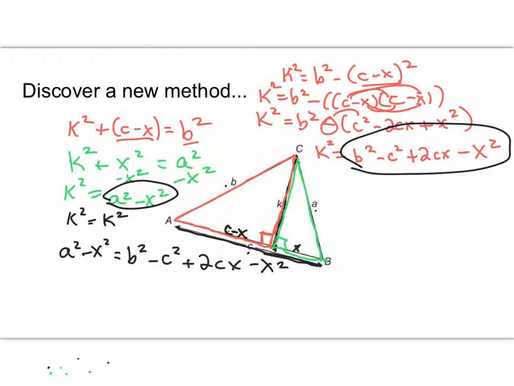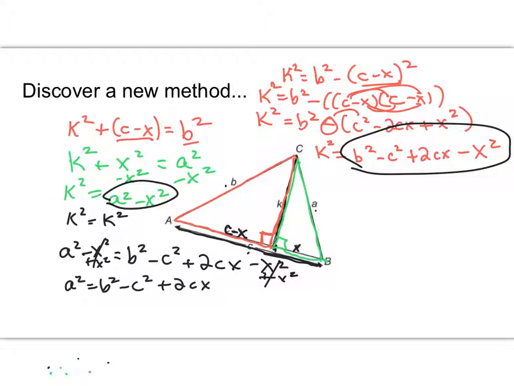Sorry. Okay. Now you'll notice that there's an x squared I can eliminate here. If I add x squared to both sides, these are going to cancel out, and I'm left with a squared equals b squared minus c squared plus 2cx.